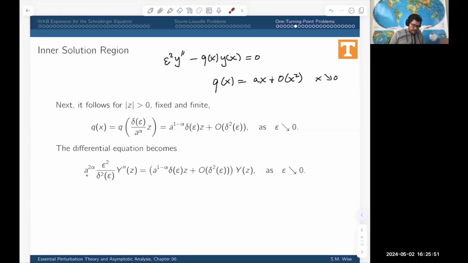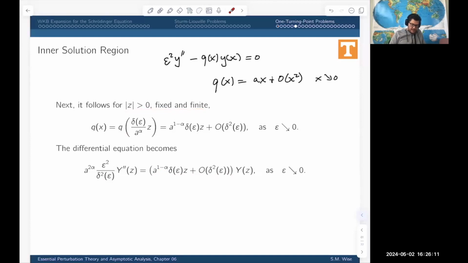So I get a to the 2 alpha epsilon squared over delta squared, capital Y double prime, equals my expansion for Q: a to the 1 minus alpha delta z. Z is an order 1, fixed and finite parameter.